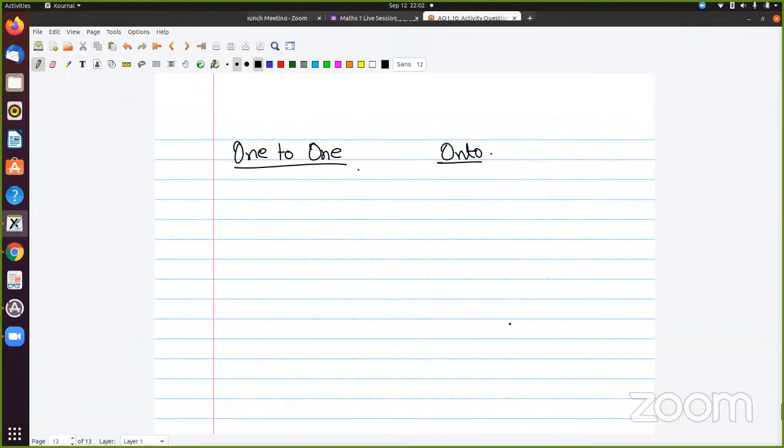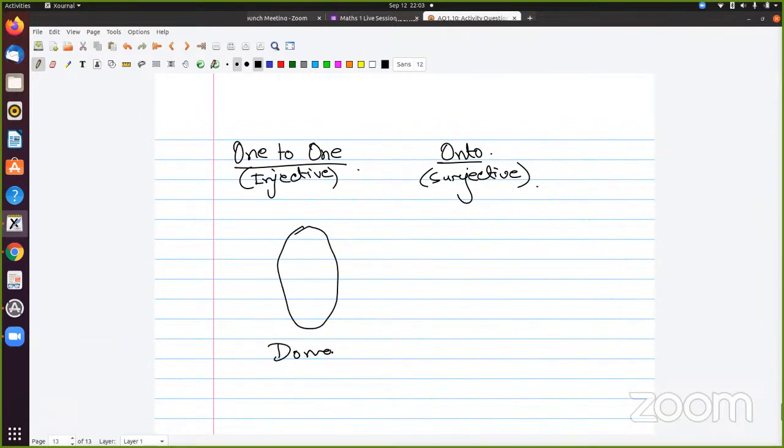Okay. So one-to-one and onto functions. This is called injective, and this is called surjective. Now, when I call a function one-to-one, this is my domain and this is my codomain.